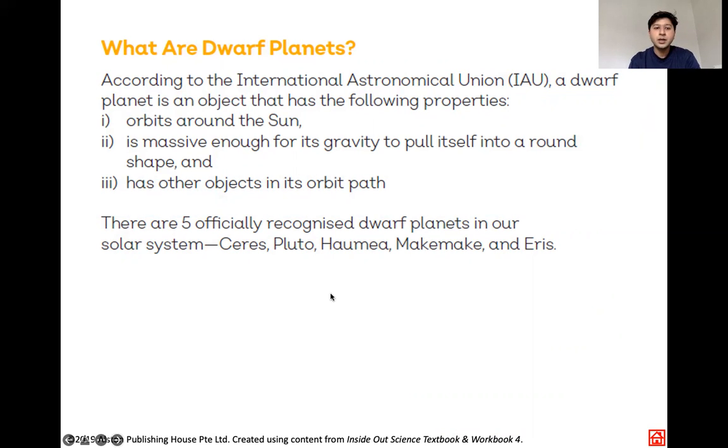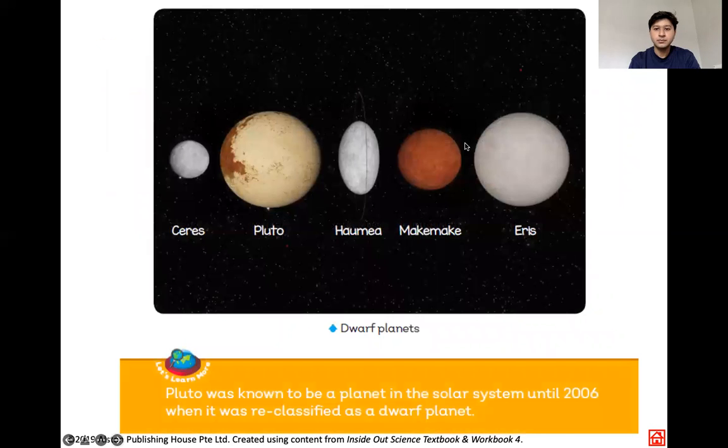The five known dwarf planets are Ceres, Pluto, Haumea, Makemake, and Eris. These are the images of the planets.